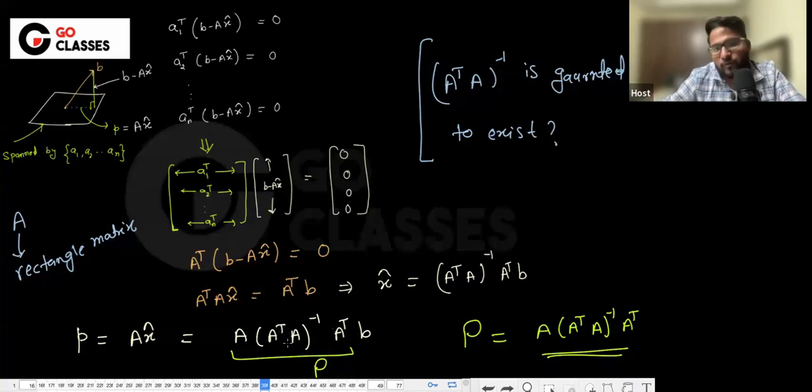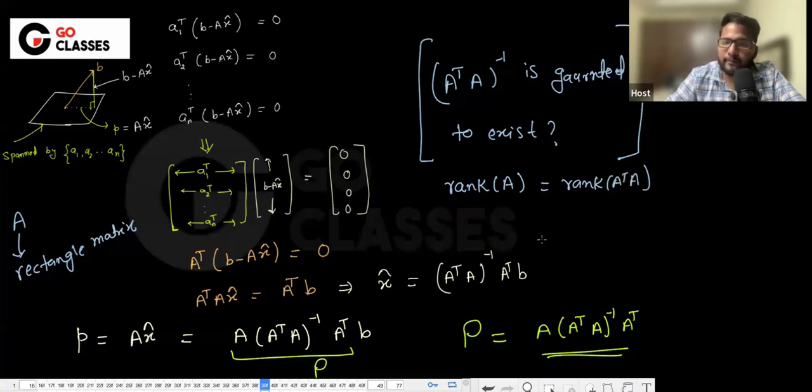But before coming to this, can you tell me, does (A transpose A) inverse need to exist always? You might remember we have proved something earlier: that the rank of A and the rank of A transpose A are the same.